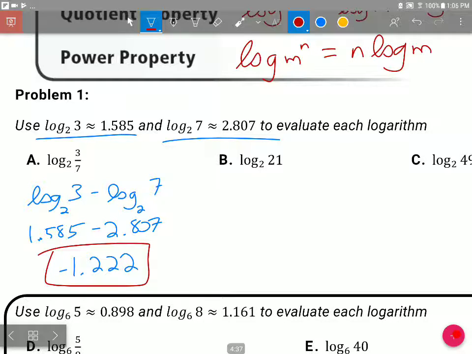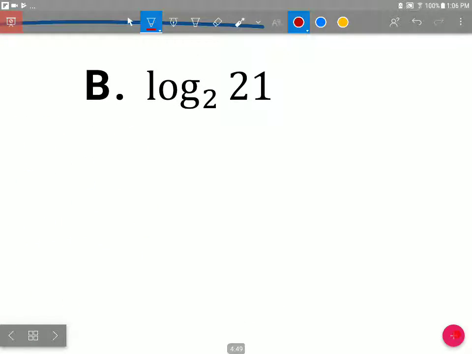All right, letter B. Did they tell us what log base 2 of 21 is? No, but 21 is what times what? 3 times 7. They told us those two. Let me zoom in a little bit. So that's log base 2 of 3 times 7. And it really doesn't matter which one you put first. And I can break that into two. Are they both going to be positive, or both negative? Positive.